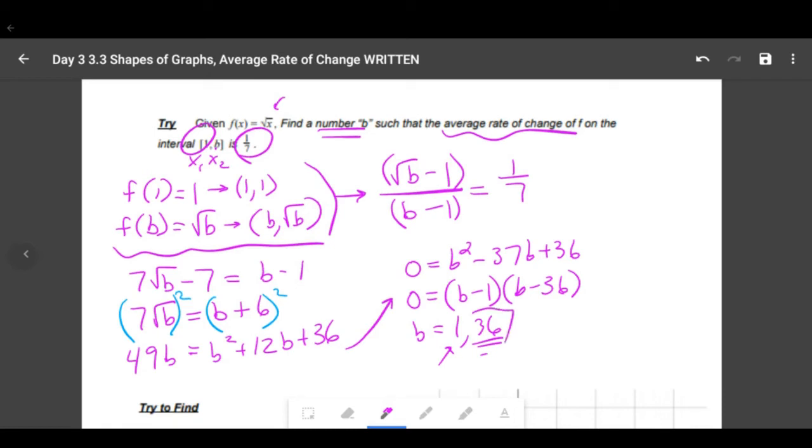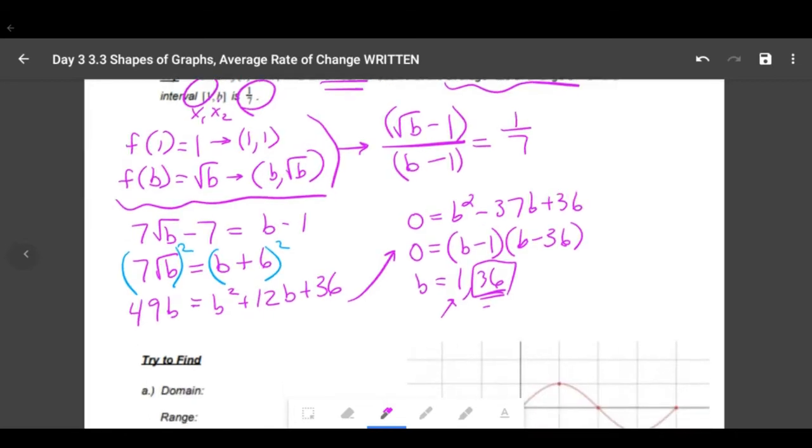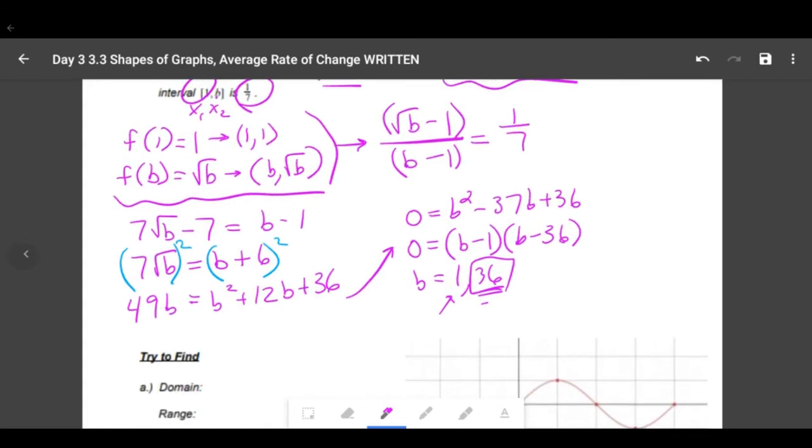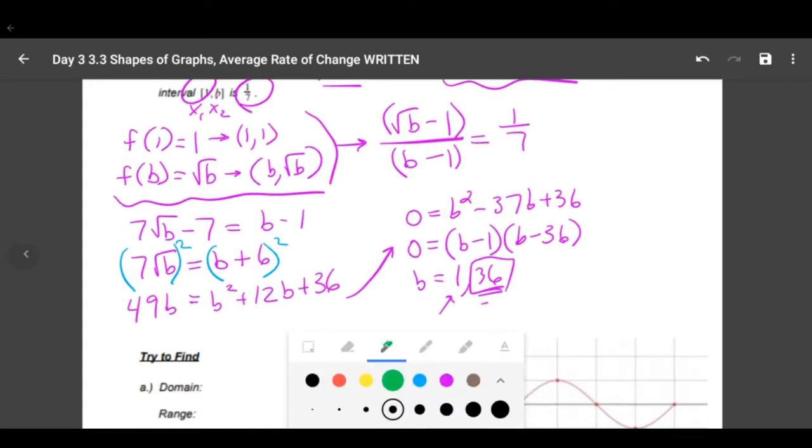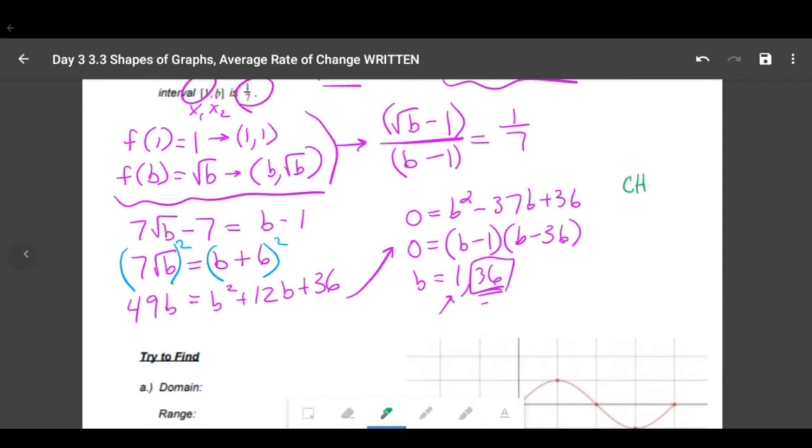B is 36. What I always like to do, and I know you guys all love to do as well, is go through and check my answer. Always double check your answer. So if I plug that back in, is the square root of 36 minus 1 over 36 minus 1?